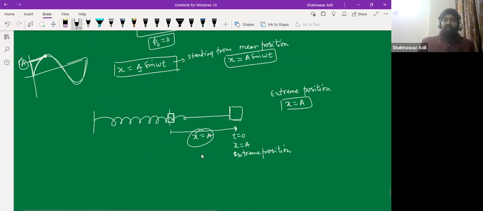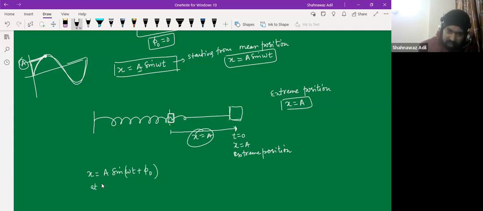Now let us calculate at extreme position. We know that x is a sine omega t plus phi naught. So we know that at t equal to 0, x is a. So we are calculating from extreme position.